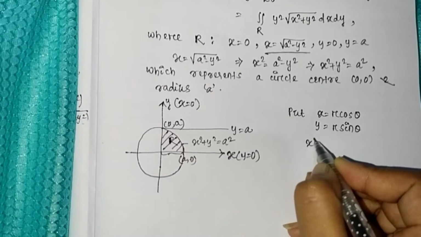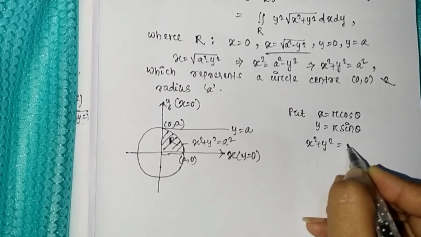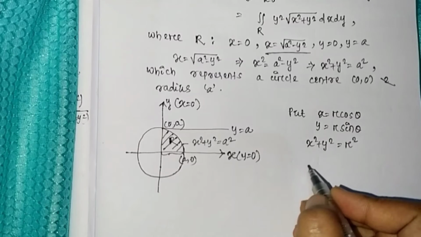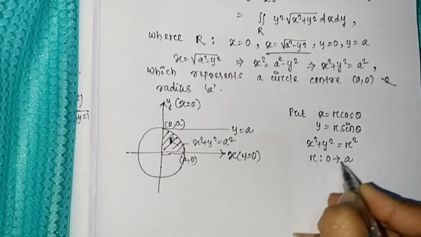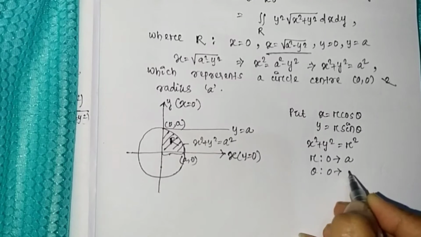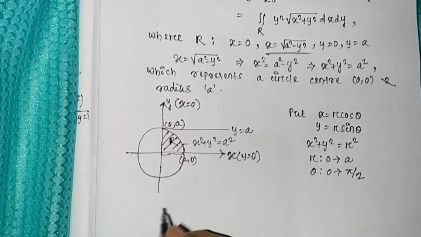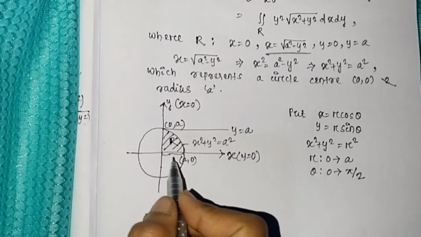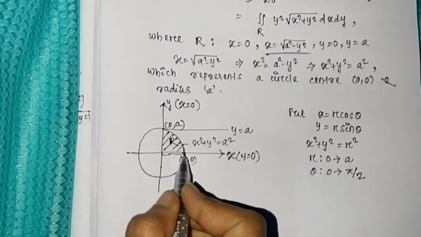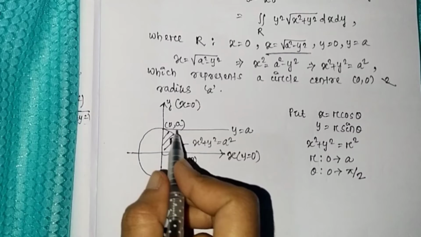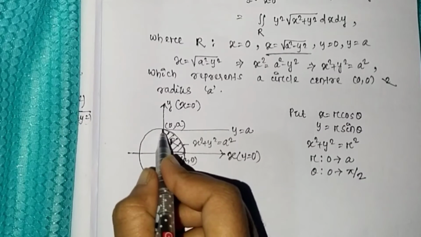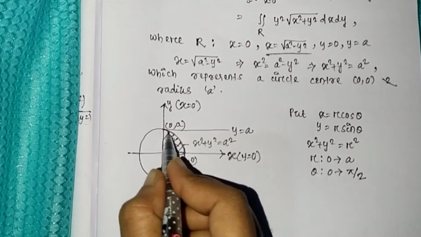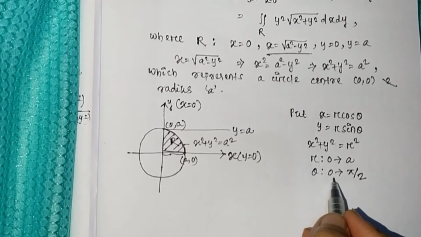Then our x square plus y square equals r square, where r is from 0 to a and theta is from 0 to pi by 2, as the radius is a. This is one part of the circle, from 0 to pi by 2.